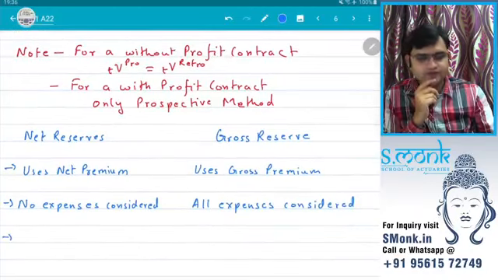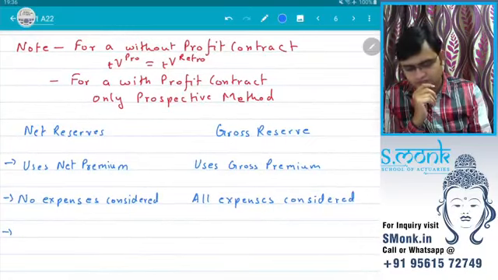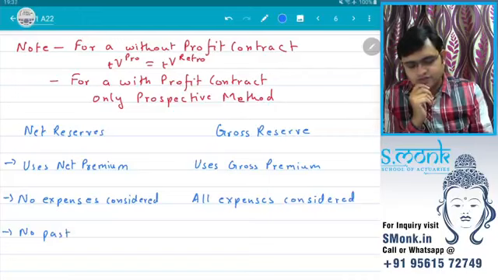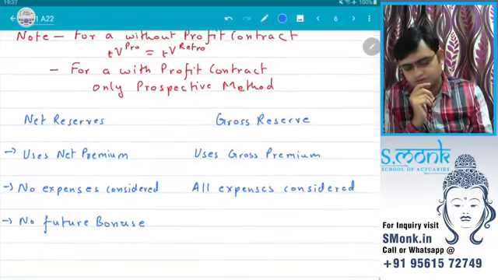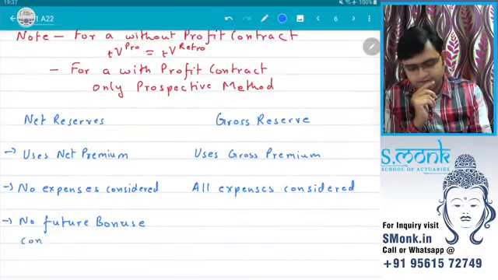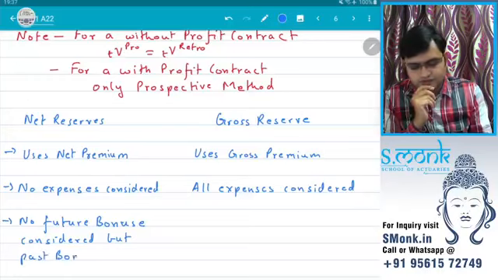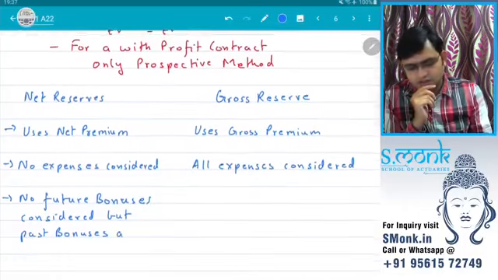When we are talking about with profit contract, for net reserves, no future bonuses considered, but past bonuses are considered.